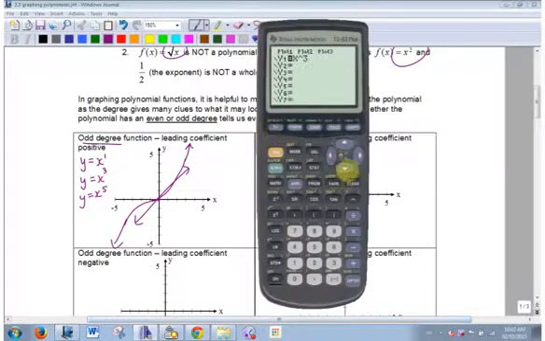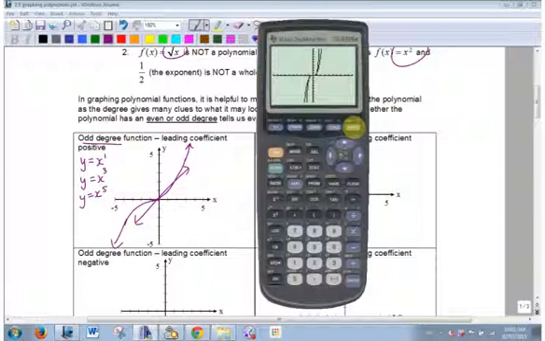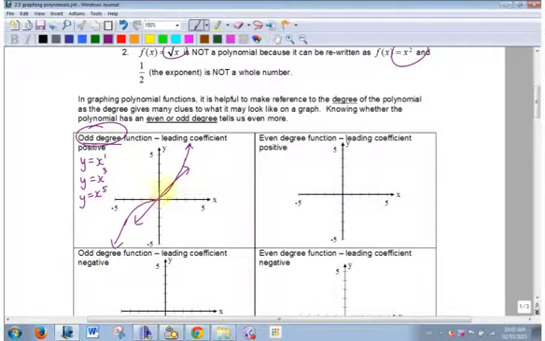X to the power of 5. Graph that puppy. Pretty similar, only as x gets multiplied by itself 2 more times, well, this is going to be even steeper, isn't it? Okay, the same shape. That's all we're looking at. Odd degree function. Okay, x cubed isn't that much. I just put it like that so that wasn't over top of my line there.